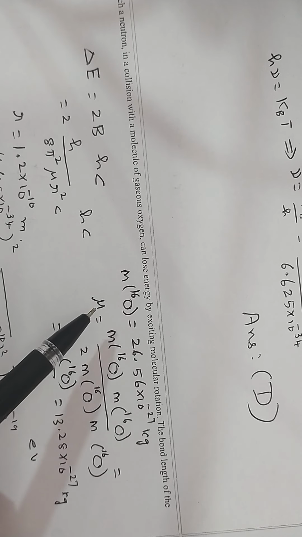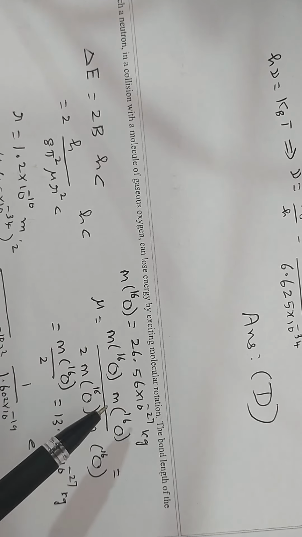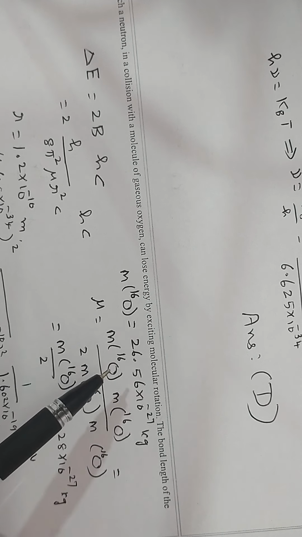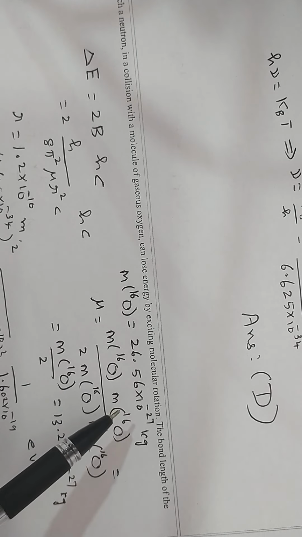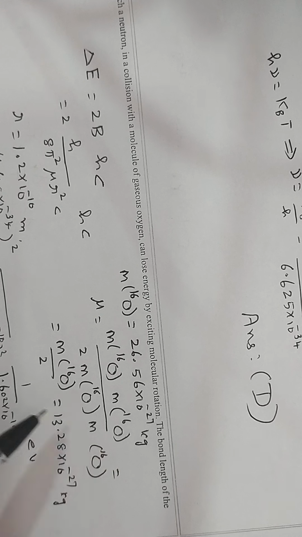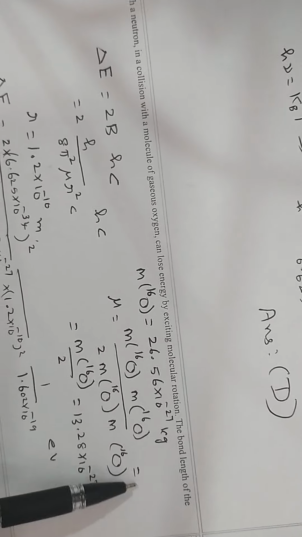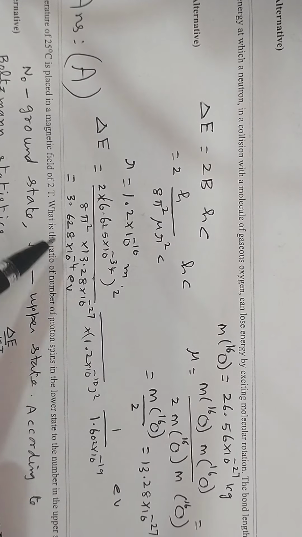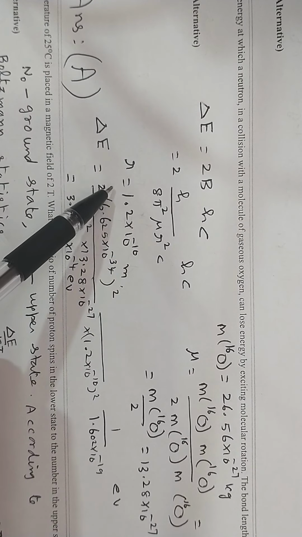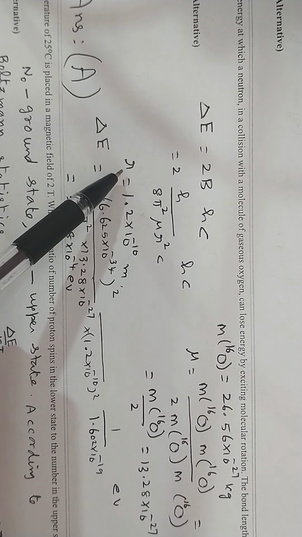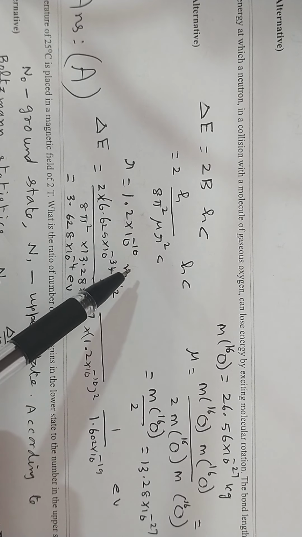So you have to find the reduced mass. Reduced mass is m1 m2 divided by m1 plus m2. But here all masses are equal: mass of O16 times mass of O16 divided by 2 times this value, which is half times m of O16. Once you calculate, the reduced mass is 13.28 × 10^-27. The bond length R is given, 1.2 × 10^-10 meter.